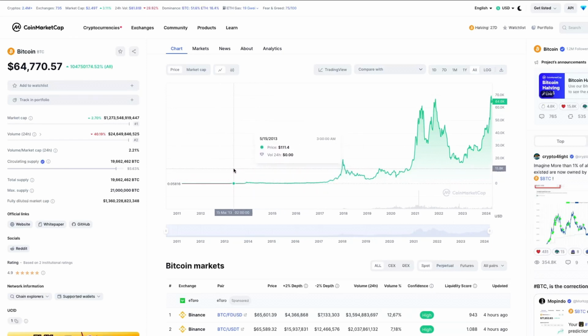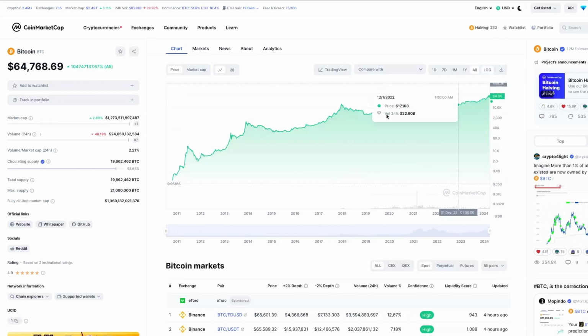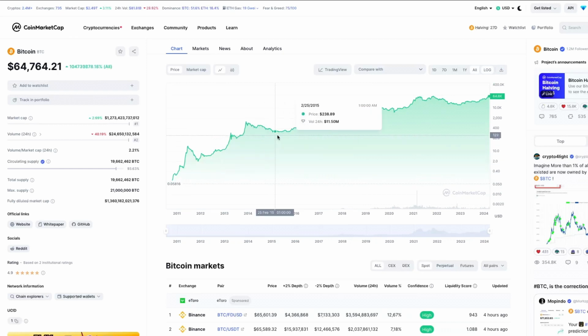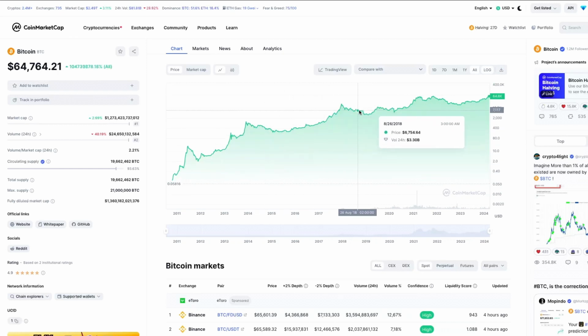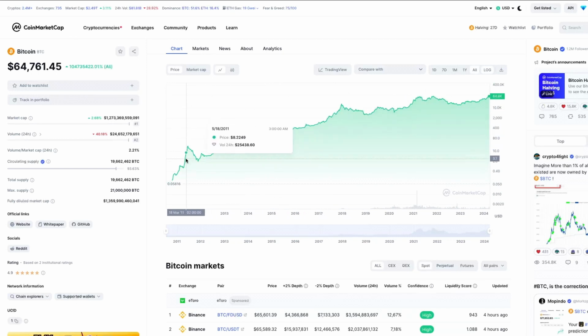So what I can do now to see all the price action is tap here on the log button, and now the price is displayed logarithmically, and this is because the exponential factor that Bitcoin has in it is inverted, since the y-axis has this exponential factor already in it.